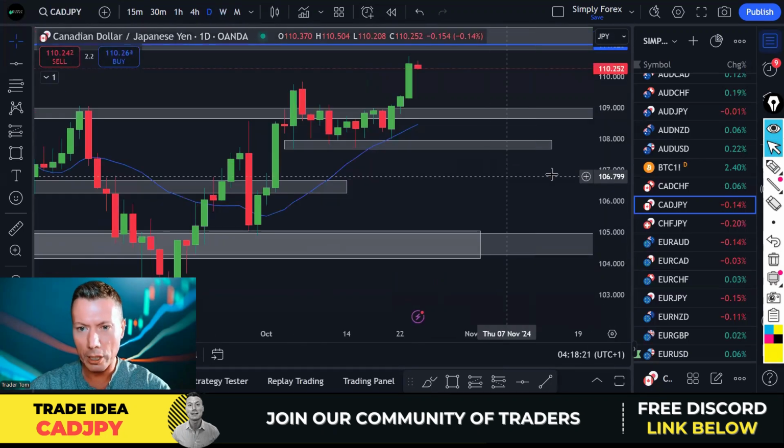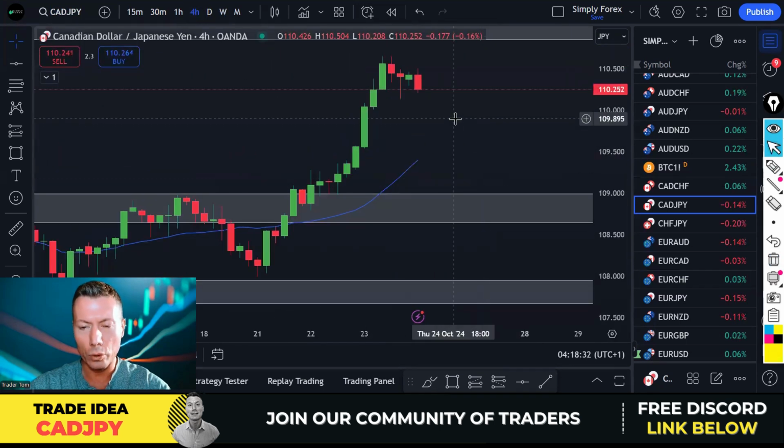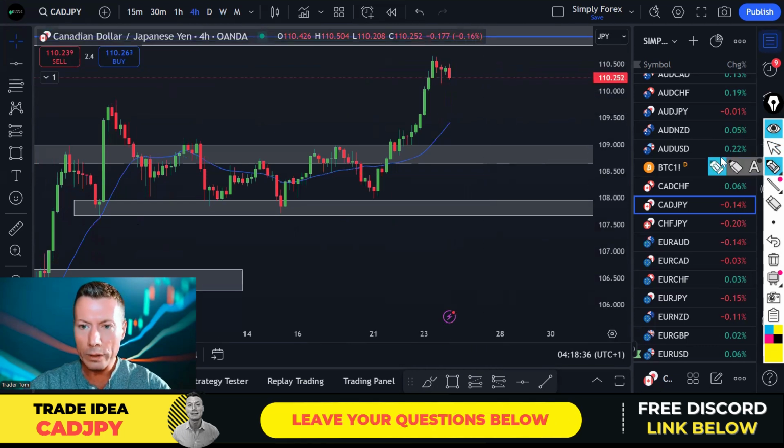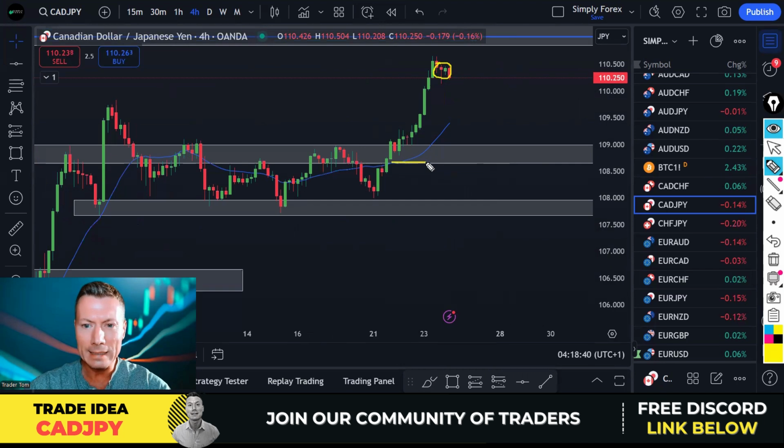We look at the day chart, clearly in an uptrend, right? Nice big bullish candle. So that would suggest we can come higher as well. And then if we drop down to the H4, again, we just need value, guys, right? I don't want to start buying up here because I have to put my stop loss at least here, and there's my target. So that's what I mean by value.